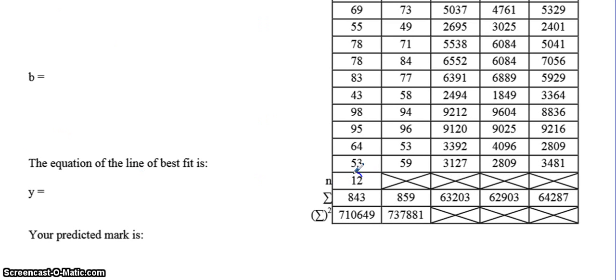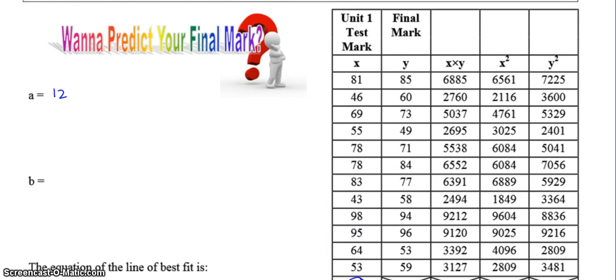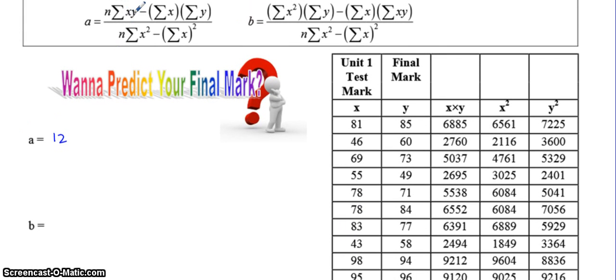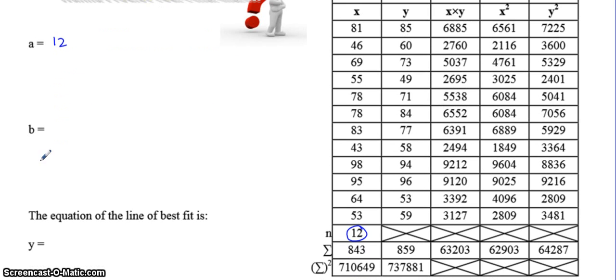That was this value, multiplied by the sum of the xy's. And the sum of the xy's was this value right here. Because this was the x times y column, and this was the sum.